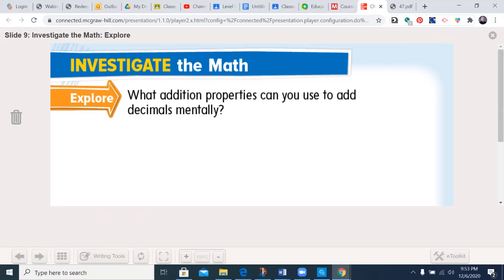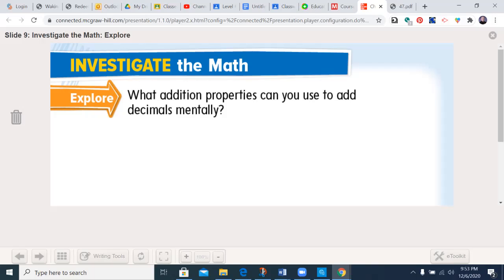With the addition one, anytime you add something plus 0, the number stays the same. So if I have 2,000,002 plus 0, I still have 2,000,002. We have two other big ones here, the commutative property and the associative property.